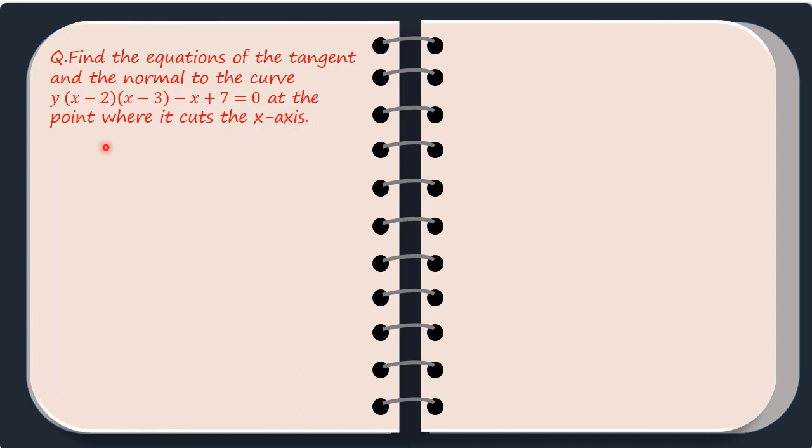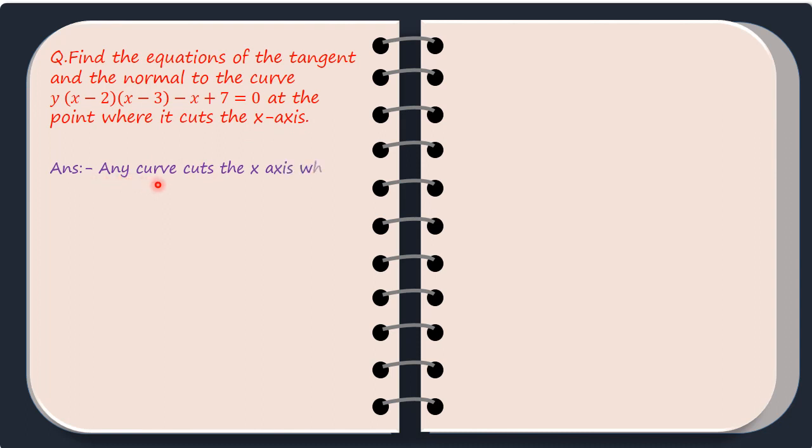So any point on the x-axis is given by a comma 0, that means its y coordinate should be 0. So let's check. If we take y coordinate 0, then let's find the x coordinate for this point.